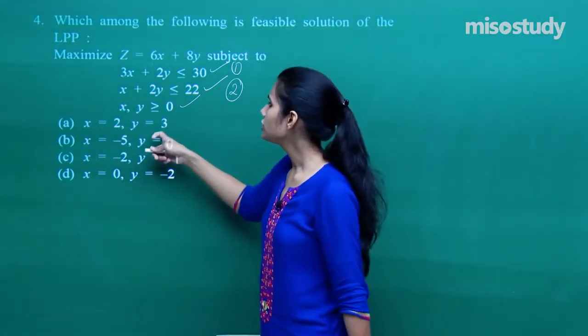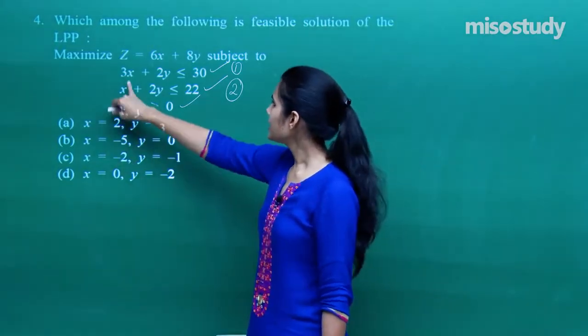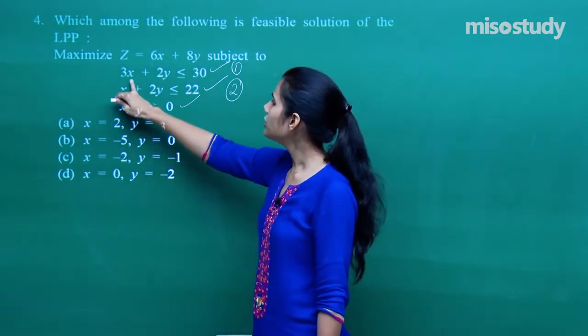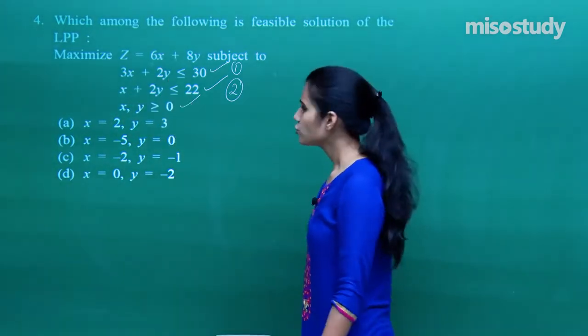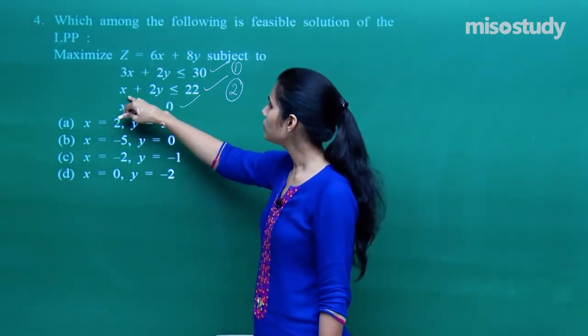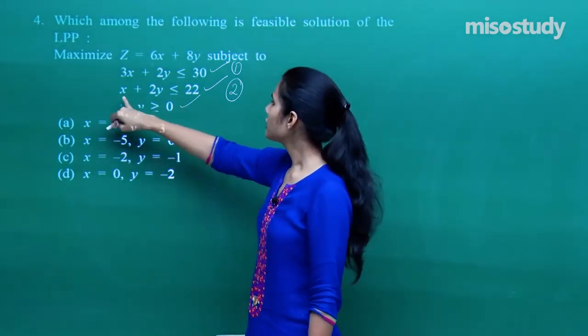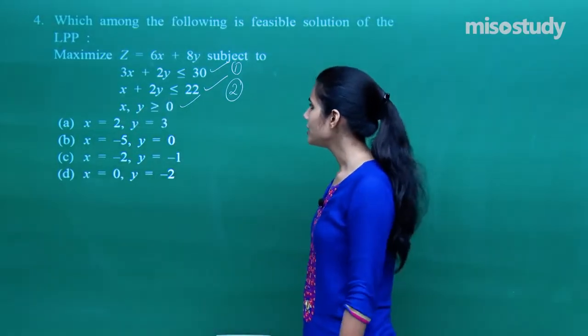Whereas if I talk about option A, that is x equals 2 and y equals 3, if you plug in x equals 2 and y equals 3, you get 3 into 2 is 6 plus 2 into 3 is 6, 6 plus 6 is 12, and 12 is yes less than 30. And if you put it in here, x equals 2, y equals 3, you get 2 plus 6, that is 8, 8 is definitely less than 22.